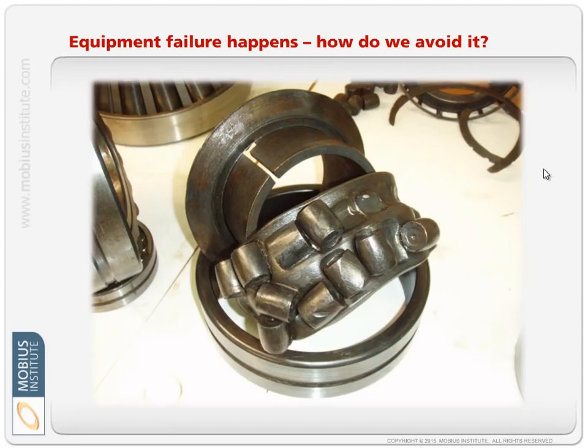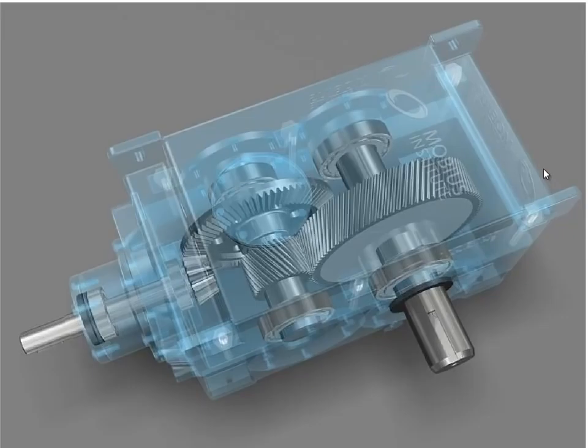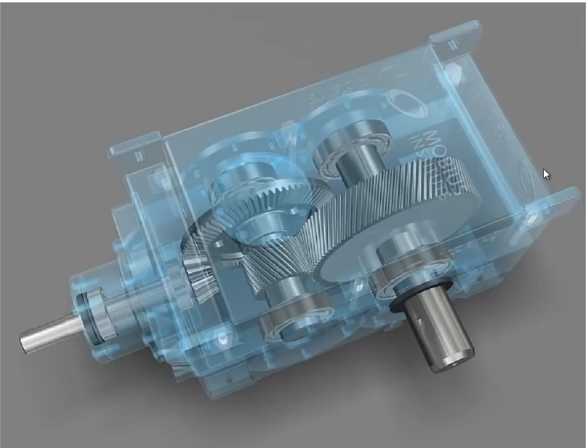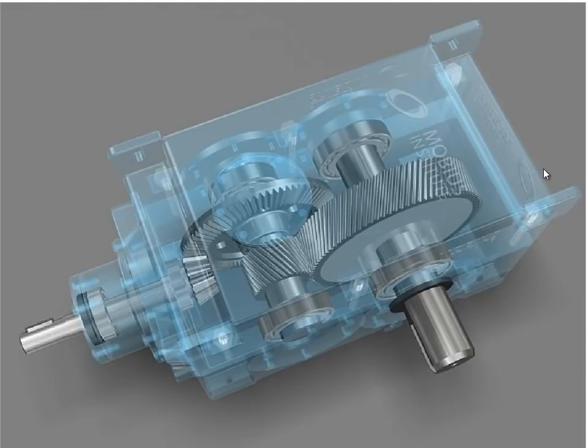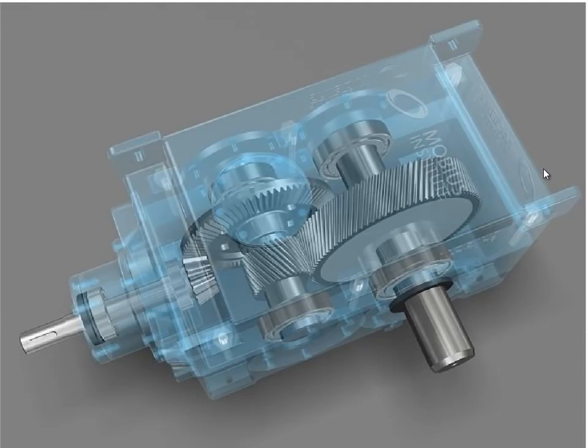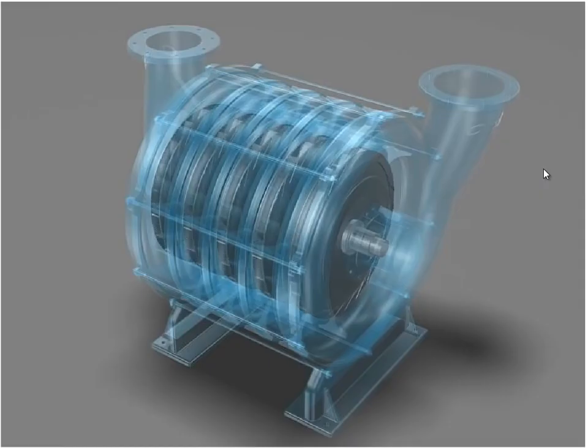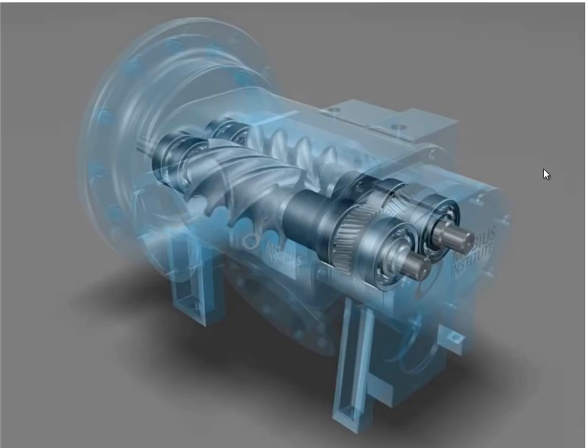And vibration analysis is a terrific tool for doing exactly that, because vibration analysis, in a sense, enables us to look inside the machine and see exactly what's going on, whether it's a gearbox with bearings, blowers and fans and so on.